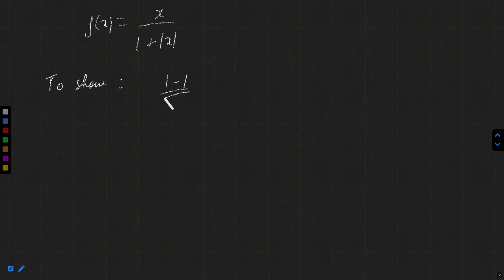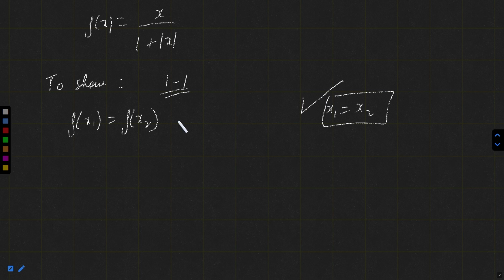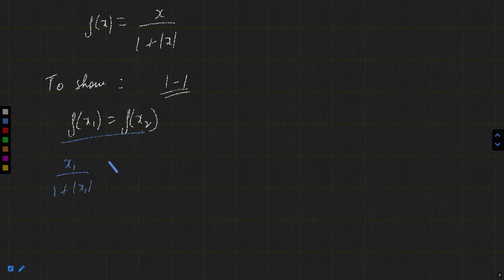To show one-one, we always start with f(x1) equals f(x2), and we try to show that x1 equals x2. If somehow we show this, then this means that my function is one-one. Let's do it. Now f(x1) equals f(x2), so this means x1 by 1 plus mod x1 is equal to x2 by 1 plus mod x2. Now just do a cross multiplication.